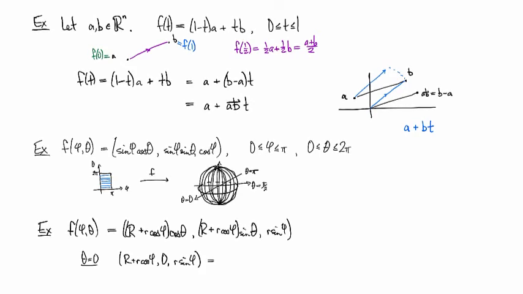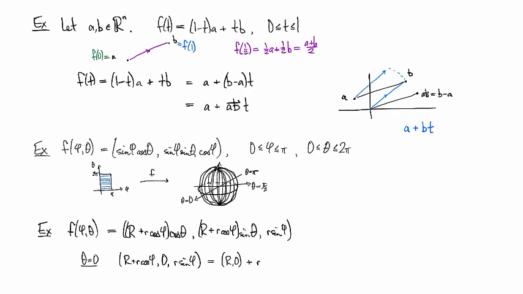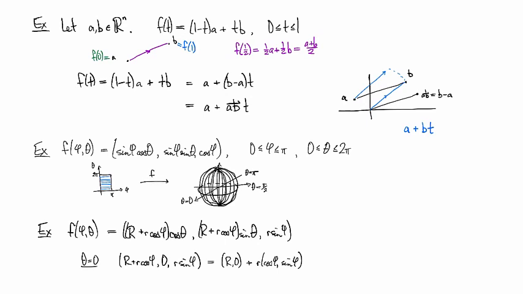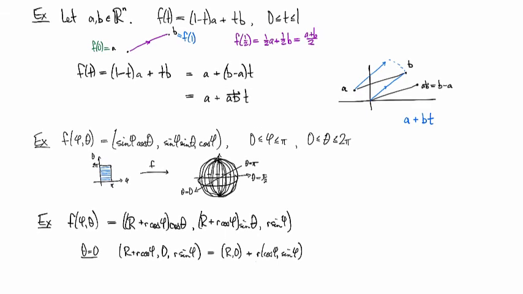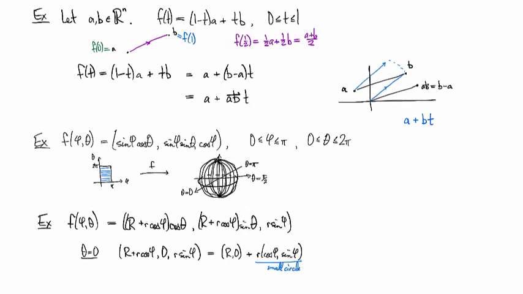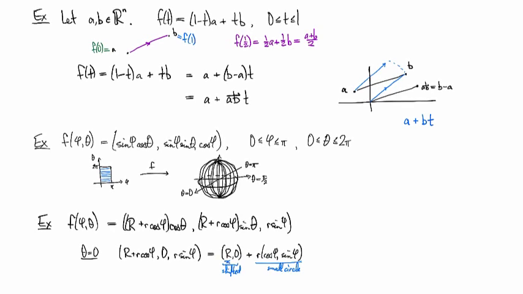And that looks like big R, 0, plus little r cosine phi, sine phi. Okay, so now we can break this down and say, oh, okay, so this here is going to be a small circle, right? That's the parametrization of a circle. And then it's been shifted in the x direction out on the positive x-axis.